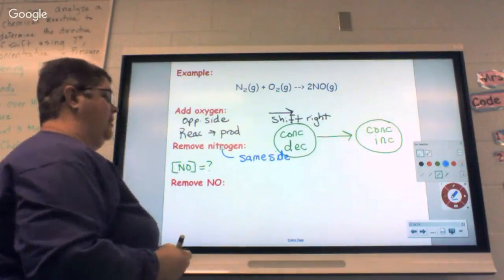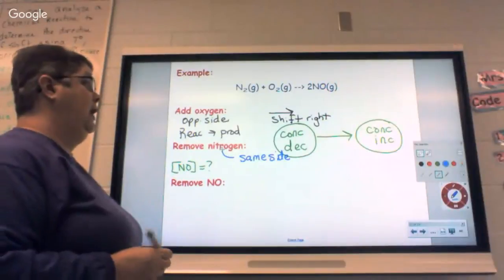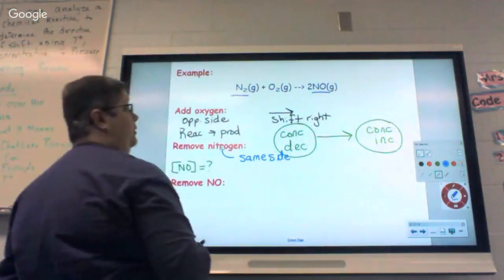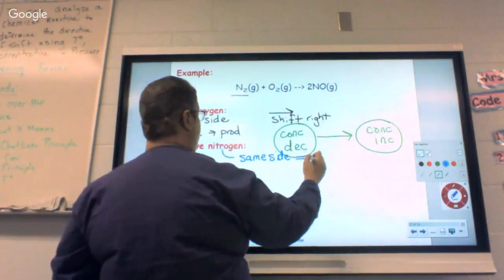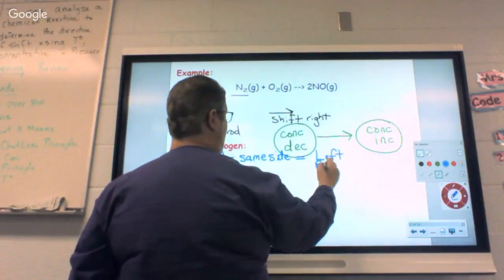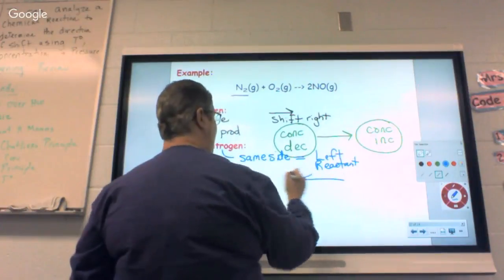So what side is nitrogen on? It's on the left. So same side is the left, or the reactant side. So it shifts left.